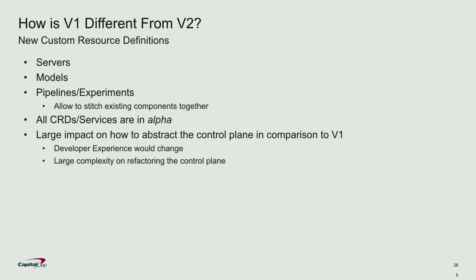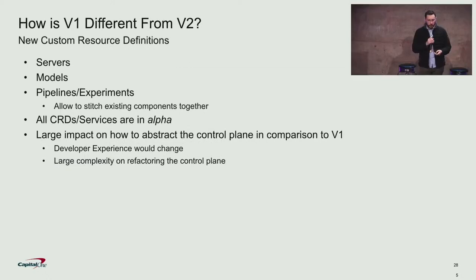So we're looking at where things are going, in particular with Seldon. Seldon has recently come out with V2 of their what's called Seldon Core offering. It defines new custom resources. So all of that custom resource I showed you on the slide that I started with, they define new ones, which are servers, models, pipelines, and experiments, which stitch together the servers.